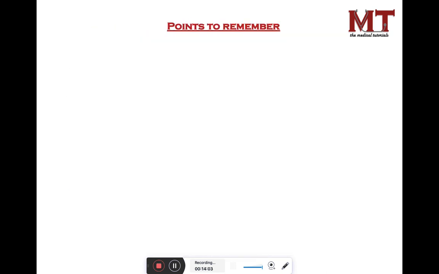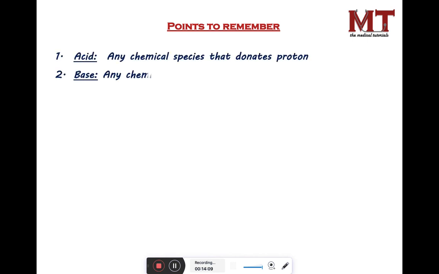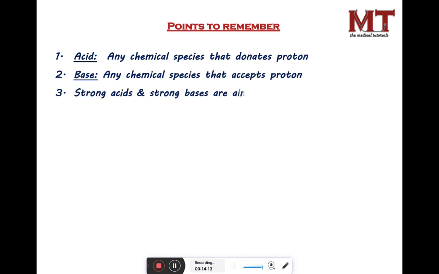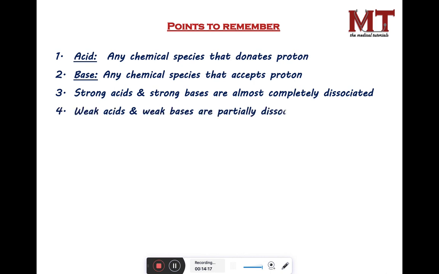Now let us quickly revise the points that we have discussed so far. Acid: any chemical species which donates a proton. Base: any chemical species that accepts a proton. Strong acids and strong bases are almost completely dissociated. Weak acids and weak bases are partially dissociated.